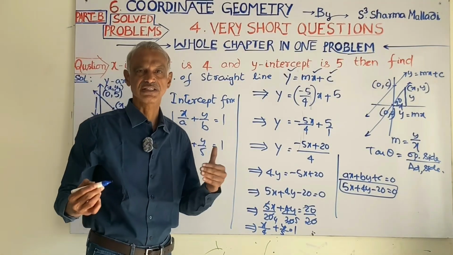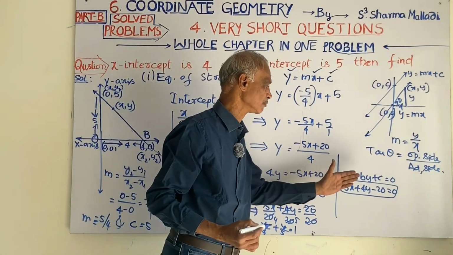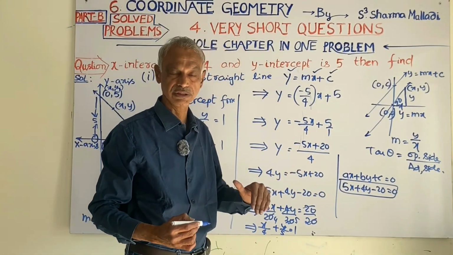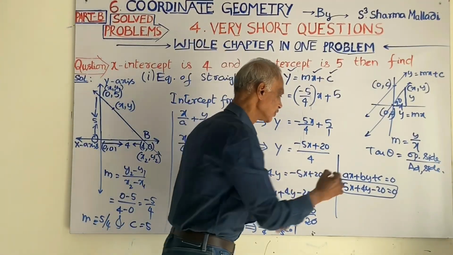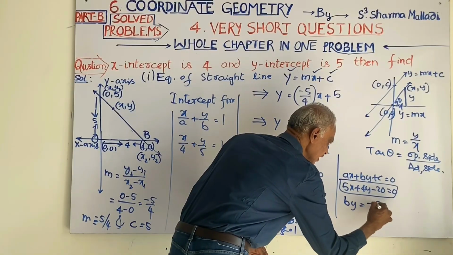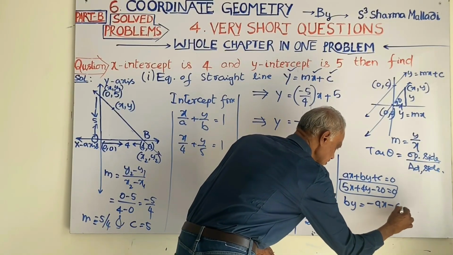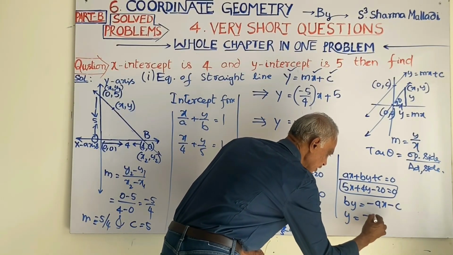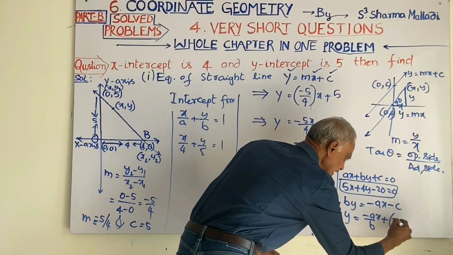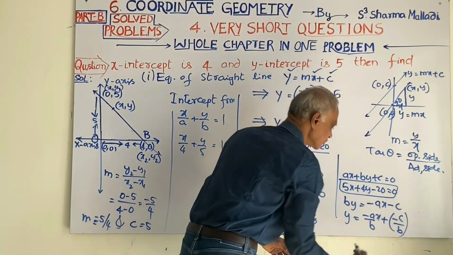When an equation is given, ax plus by plus c is equal to 0 or 5x plus 4y minus 20 is equal to 0, what is the slope of the line? You write by is equal to minus ax minus c. y is equal to minus ax by b plus minus c by b.